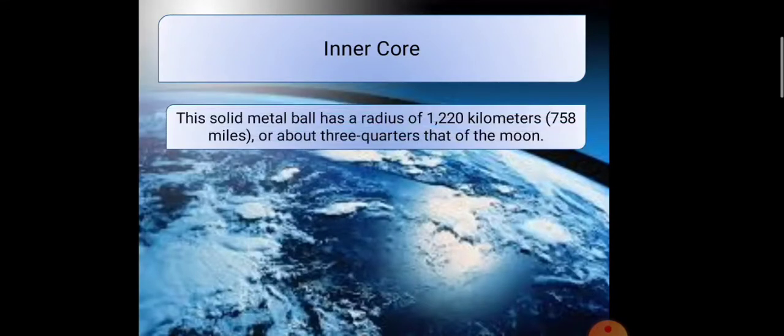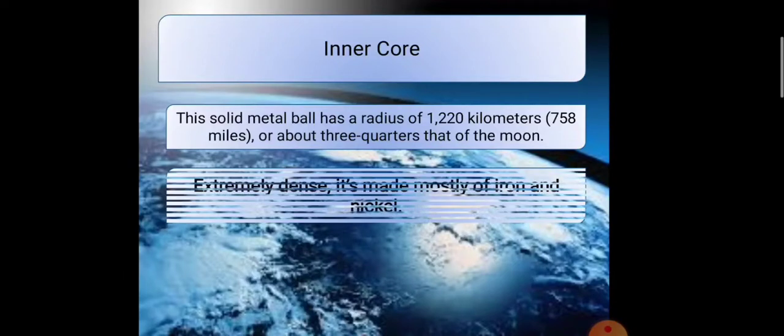Next is the inner core. So the core has two layers, the inner core and the outer core. First is the inner core. This solid metal ball has a radius of 1,220 kilometers or 758 miles, or about three-fourths that of the moon.